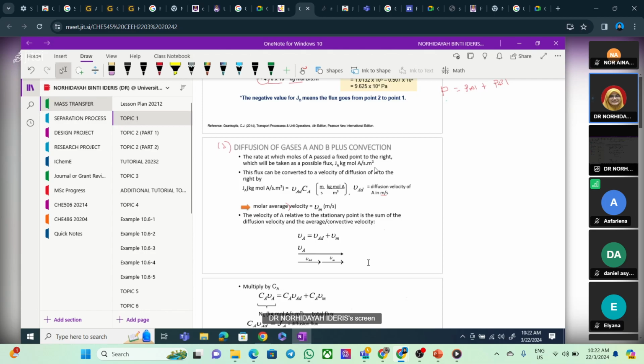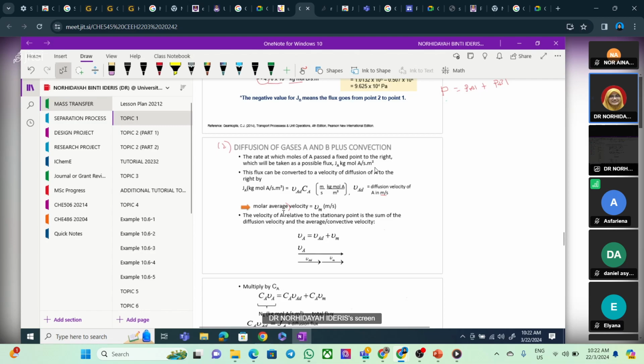cases, some cases involve both. Okay, diffusion plus convection. So how do we calculate the flux? We cannot ignore the convection and just focus on diffusion, because the convection does exist. So how would we integrate the convection inside the equation? I think this part I just want to skip.